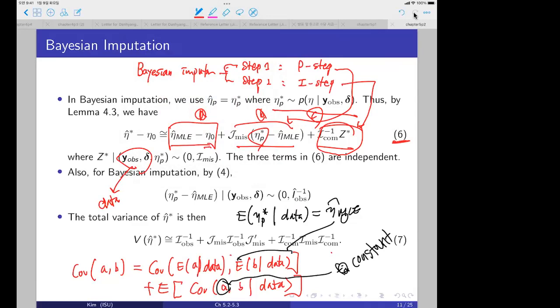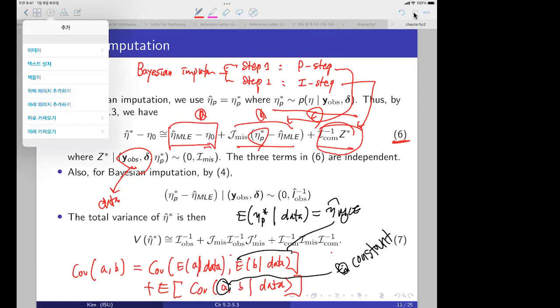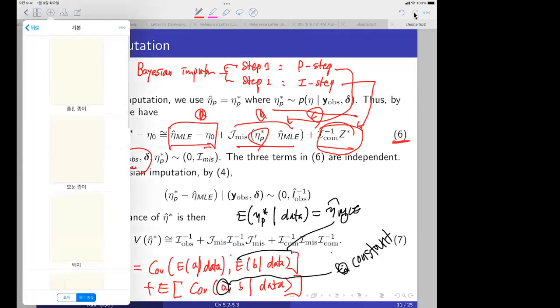Which one is more random? One thing is constant, because think about it, we actually have three randomness. Three-phase structure.